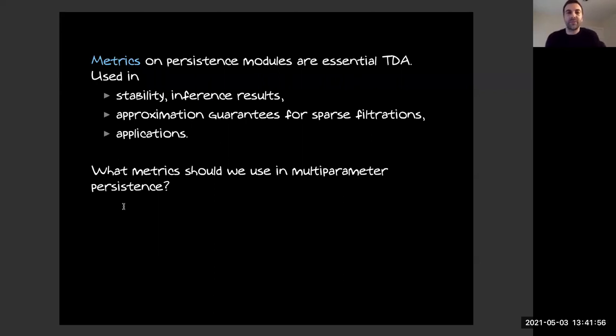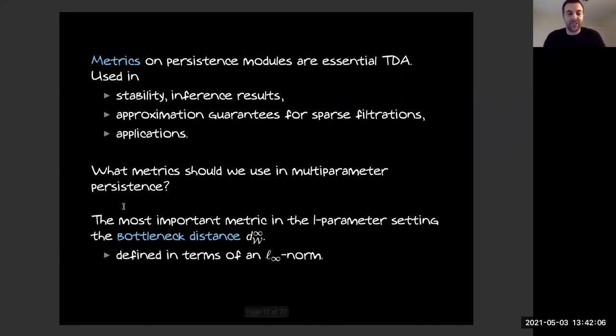This is a question that people have been asking for quite a while. I've been asking that question in different ways for several years, but I still think that there are some interesting things to say about this question. And to try to tackle this question, we're going to start with what I think is the most important metric in the one parameter setting, the bottleneck distance.